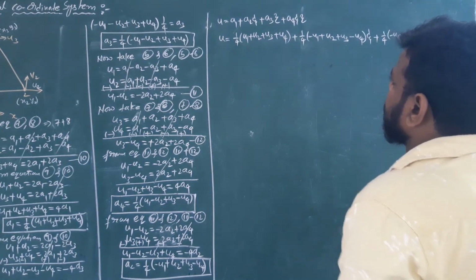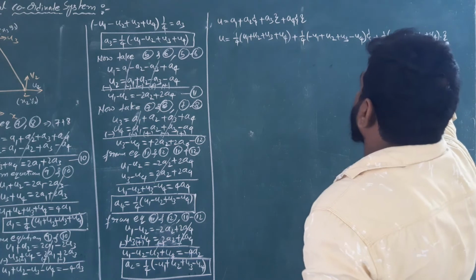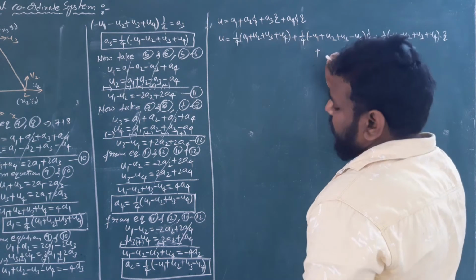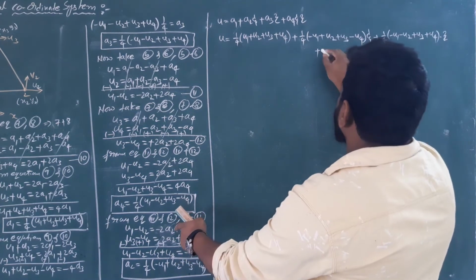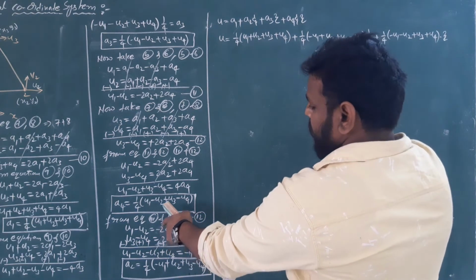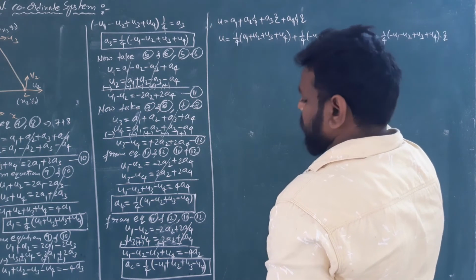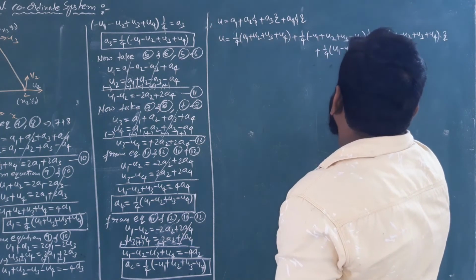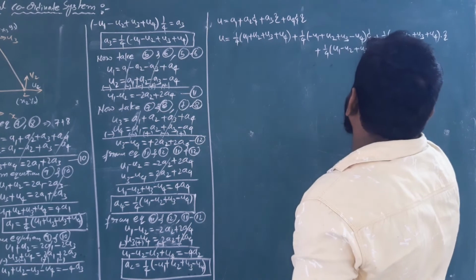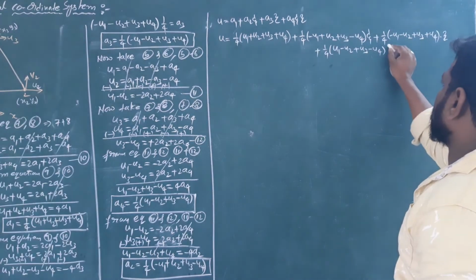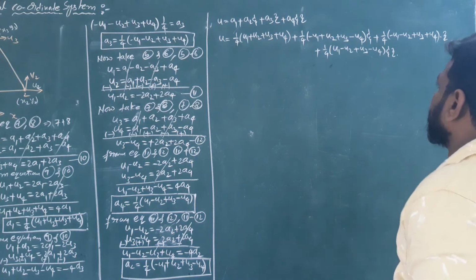Eta I have written here. Plus a4, which I already found, 1 by 4 of u1 minus u2 plus u3 minus u4 into j and eta.